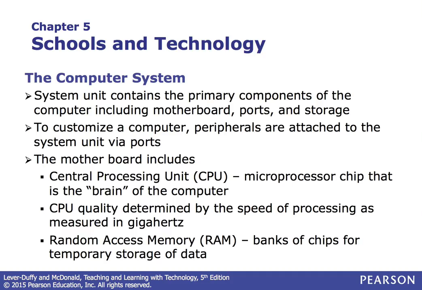It's really just a microprocessor chip that all computers have, and it's generally the brains of the computer. If you look at your computers, you'll probably see something on there that says Intel i5, whatever. That is the CPU, and they're now made very fast. We generally don't have to worry about speed anymore.